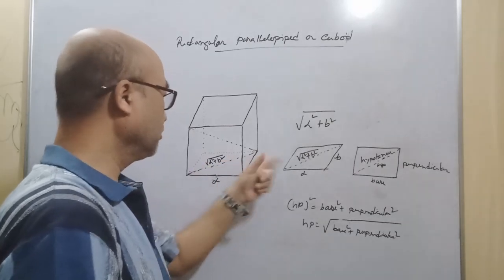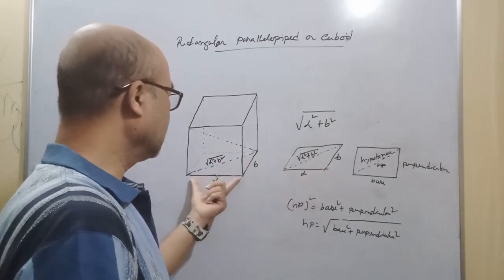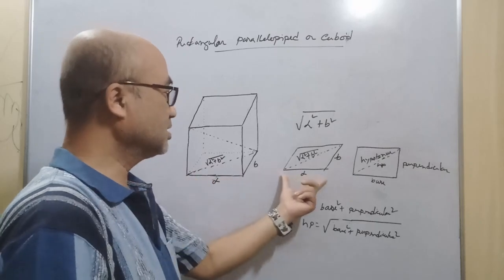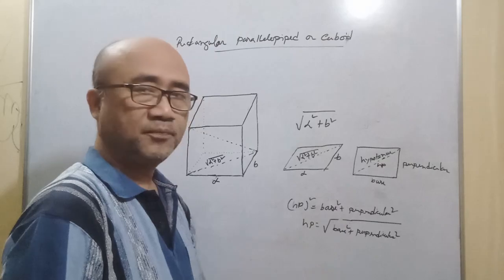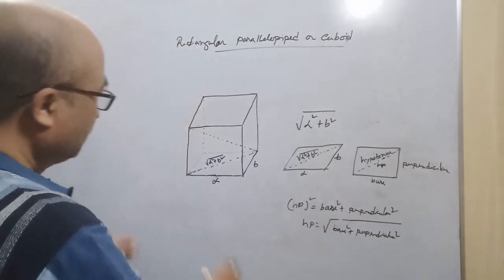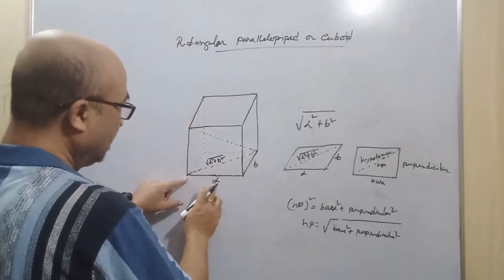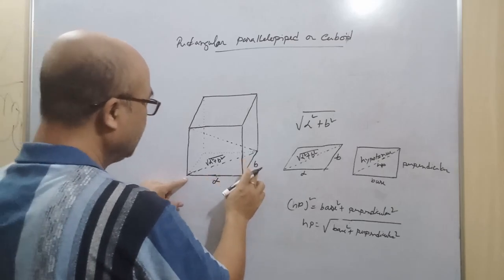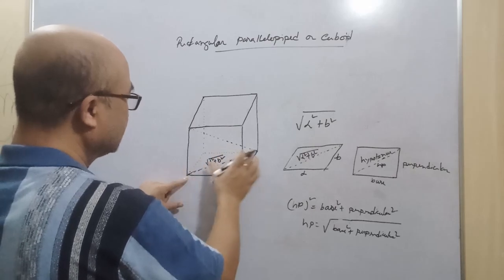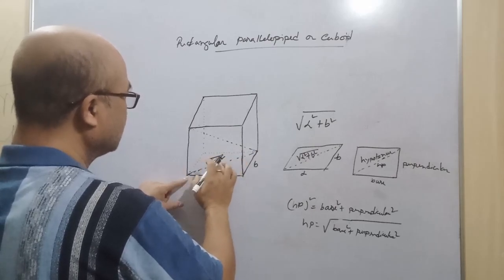Okay, same thing. This is the plane, this is the surface, the same surface, viewed from the top. So if this is L and this is B, then this diagonal length is denoted by square root of L square plus B square.